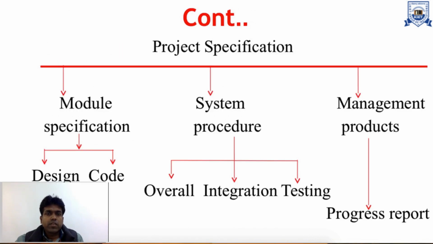This project specification will have sub categories: module specification, which is done by designing and coding, then system product, which is the overall integration testing, and management products that result in the progress report.